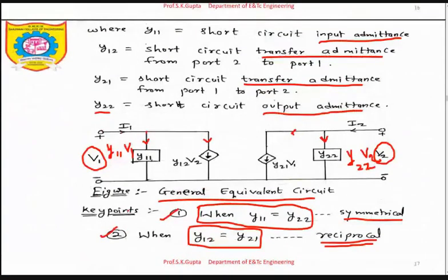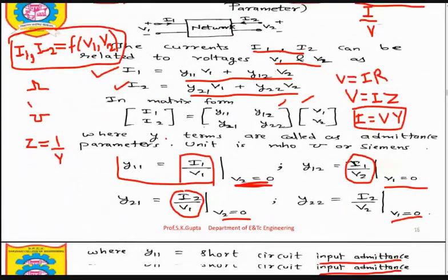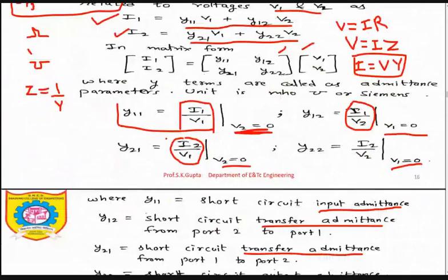So remember these conditions, as well as the equation I1, I2 as a function of V1 and V2. That means Y11 is I1 by V1. Remember this: Y11 equal to I1 by V1. Y12 equal to current upon voltage, with suffixes 1 and 2, and the other voltage we make 0.